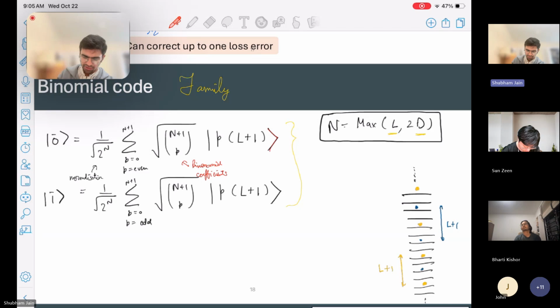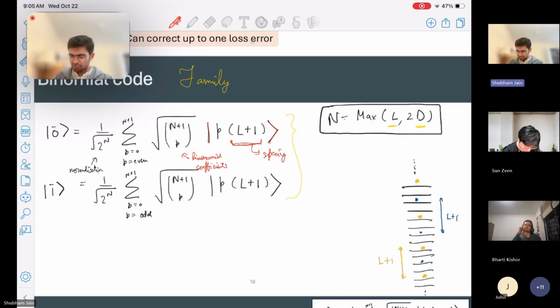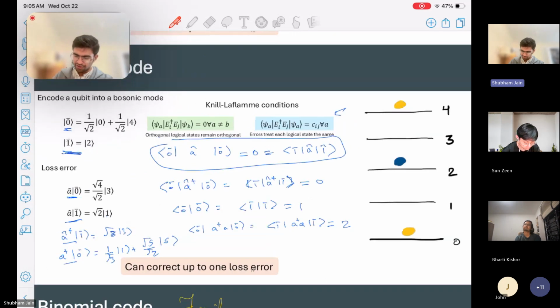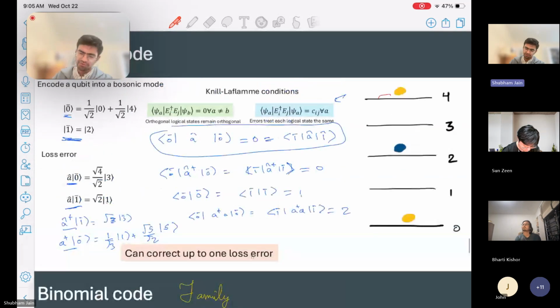And then you have these Fock states where the number of losses that you want to correct dictates the spacing between the different levels that support one logical state. So for example, if you wanted to correct just one loss, as in the previous code, we had a spacing of 2 between these different states of the logical space. If you wanted to correct more loss errors, then we would have a larger spacing.